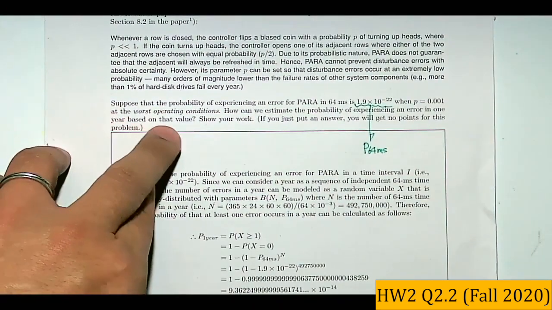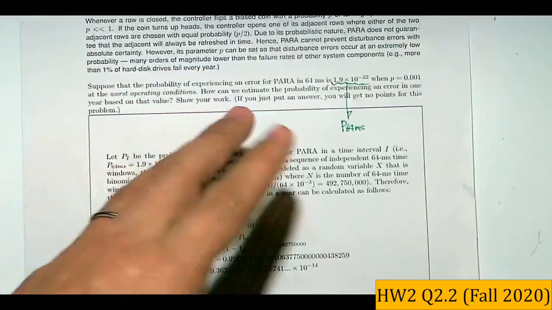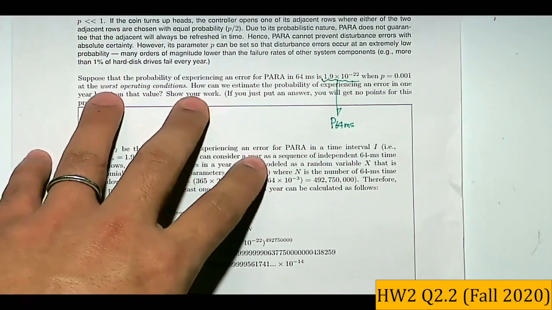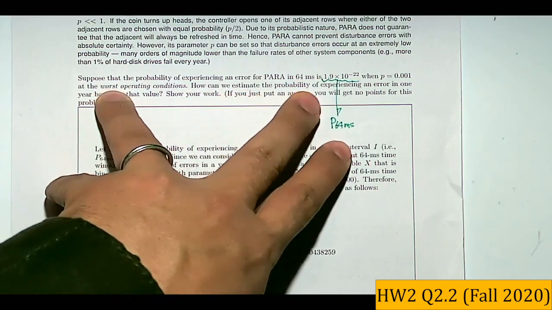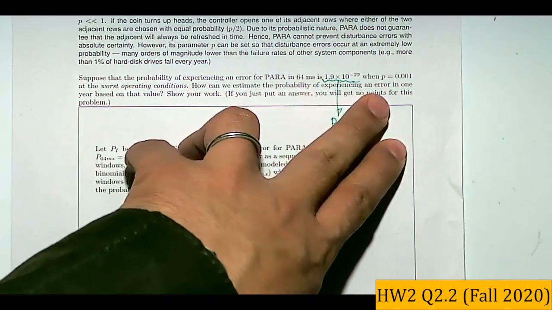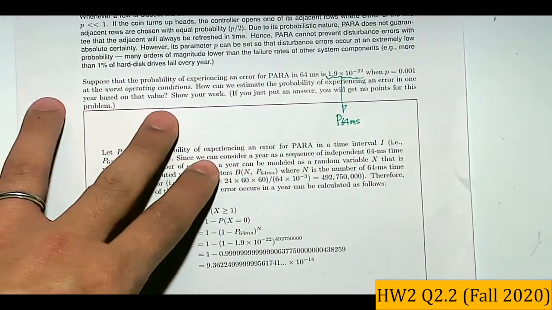And this is the worst operating condition. The question is asking how we can estimate the probability of experiencing an error in 1 year based on this value.